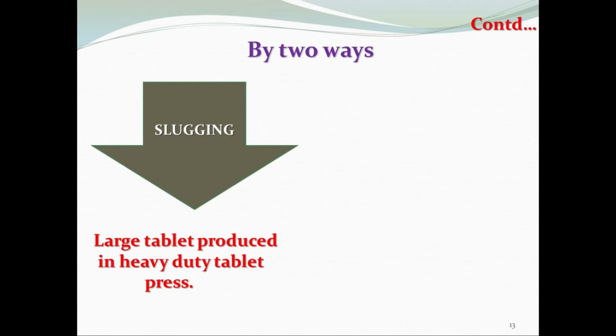Then it will give you granules. If in this first step you do not get granules, you can again take this powder, go for slugging again, and again break and screen the tablet. We go on repeating till we get granules. This is the first way by which we do compression granulation.